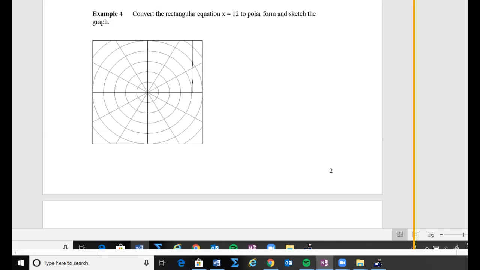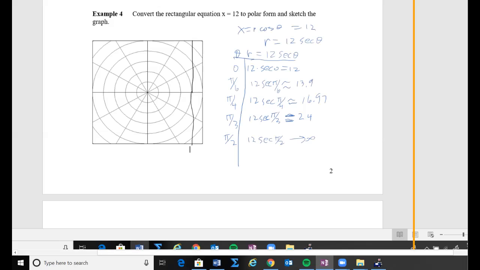Looks like that. Okay, now I did a little bit of work on this one, just in a few seconds there. Okay, here's my equation converted.